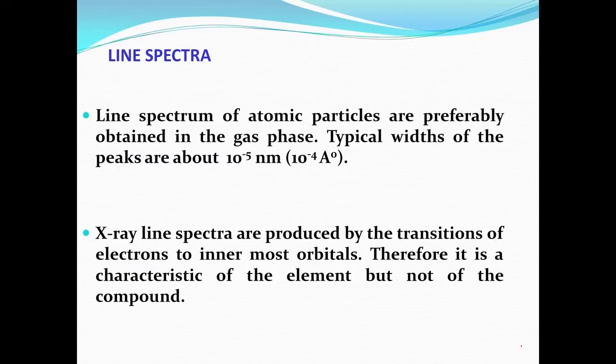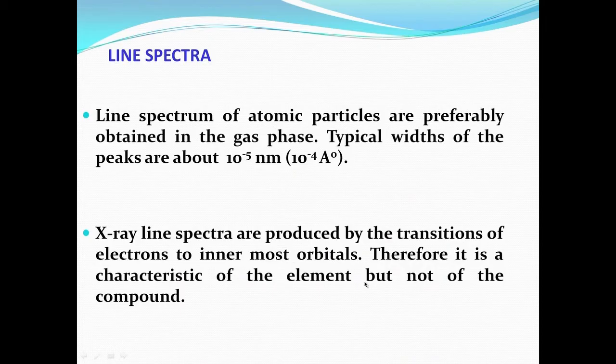Now, X-ray line spectra is another line spectra produced by the transition of the electrons, and they are produced by the transitions of the electrons to the innermost orbitals. Imagine we have an atom, and an electron is there at the top, and then it falls to the ground floor, to the lower energy level.